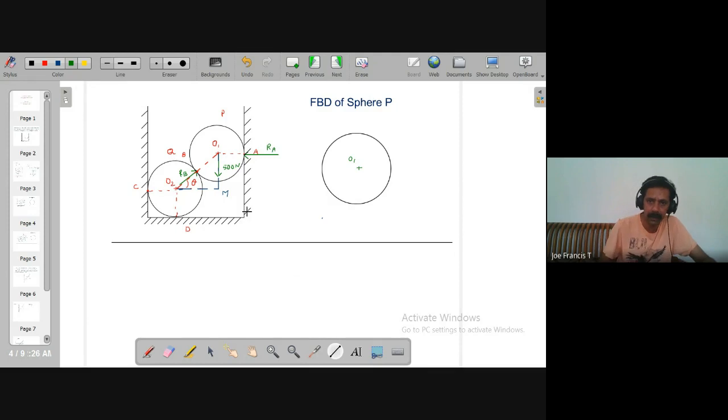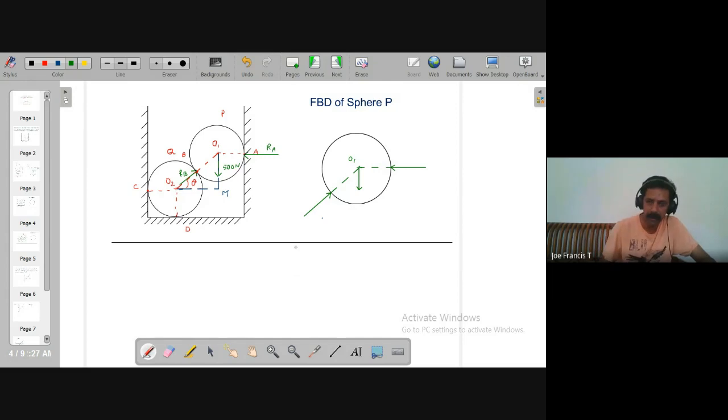The weight will be acting vertically downward. The other force is the reaction at A, acting at point A. And the third one is RB, acting along this line. So this will be RB.